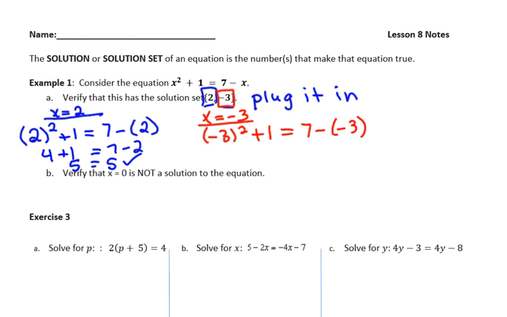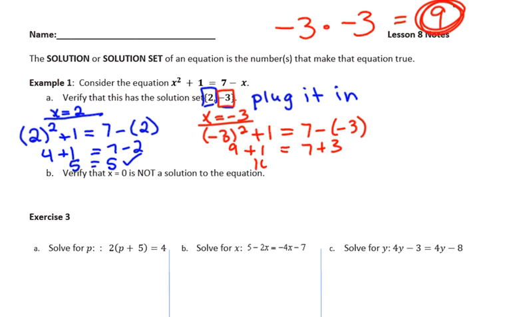Be very careful with your positive and negative signs. -3 squared is like doing -3 times -3, which is a positive 9. 9 plus 1 on this side. And over here we have 7 minus a -3, which is the same as 7 plus 3. And does 10 equal 10? Yes, they do. So those are both solutions to this equation.